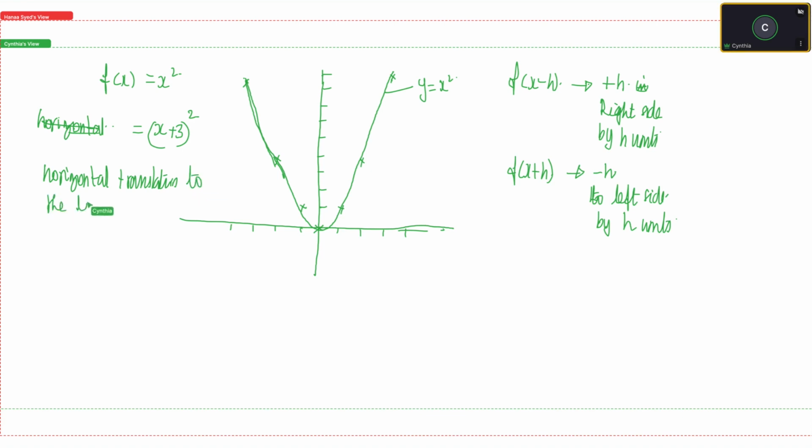Each and every point will move by 3 units to the left. So this one, 1, 2, 3. And here, 1, 2, 3.